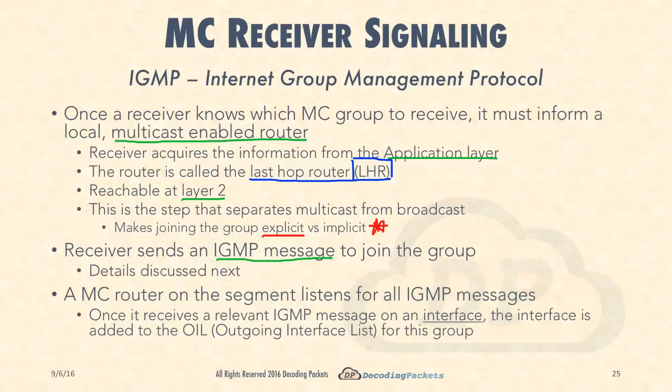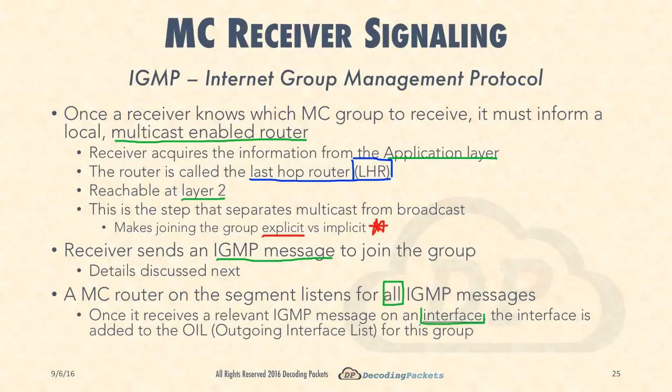Now the multicast router on the segment is listening for all of these IGMP messages. It is tuned to all of those IGMP messages. Once it receives a relevant IGMP message, and that message contains the interested group for the particular receiver, it will obviously receive it on an interface.